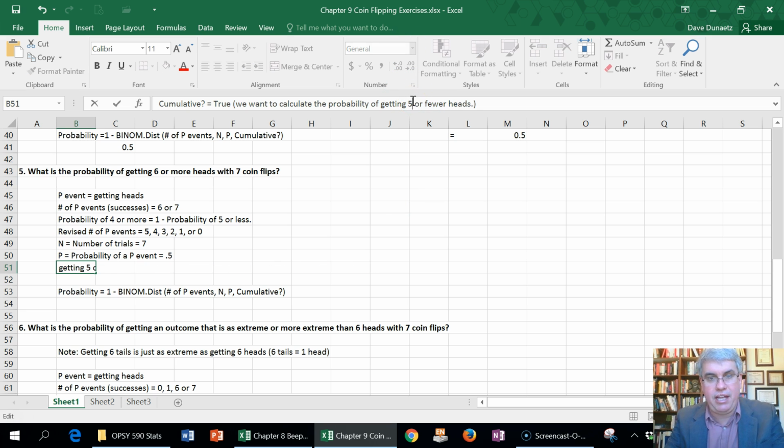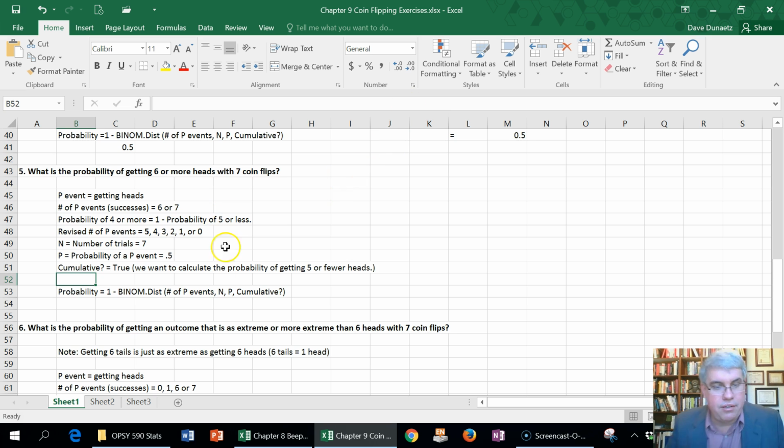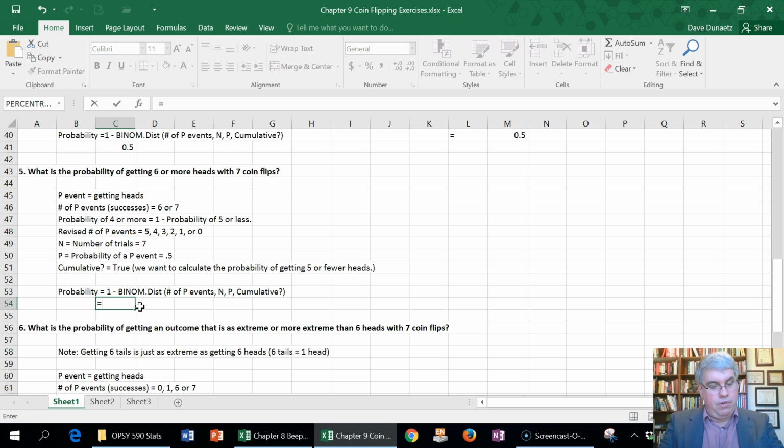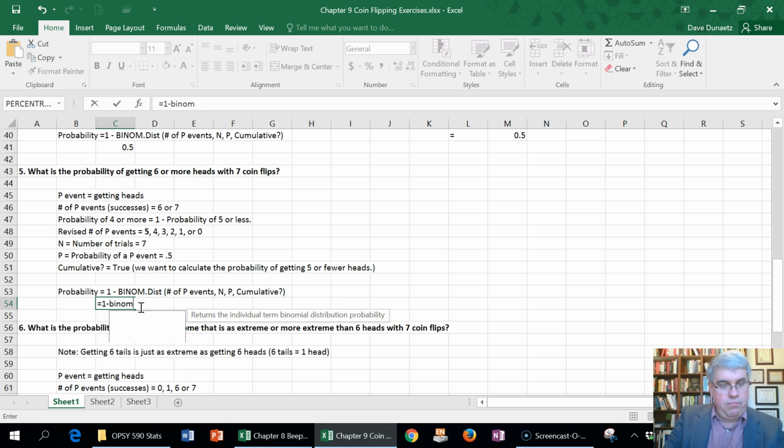Let me fix that. And so we can type into our equation equals 1 minus, so that we get the area to the right of our point, binom.dist.